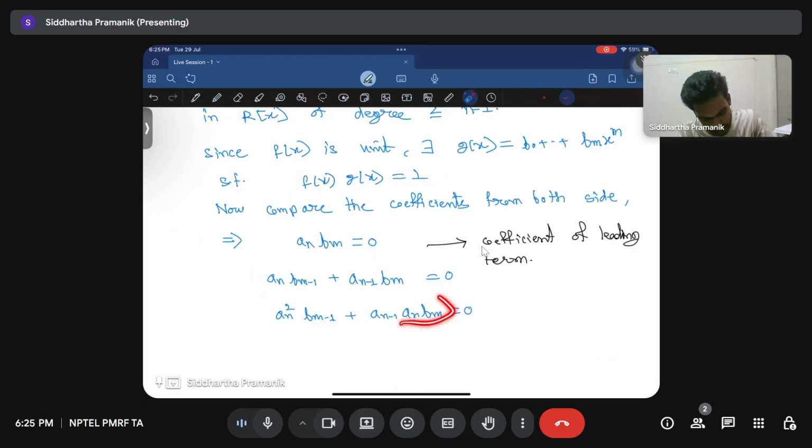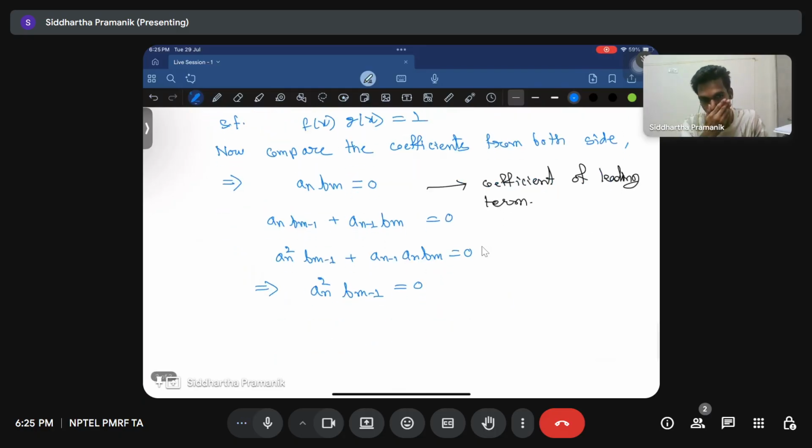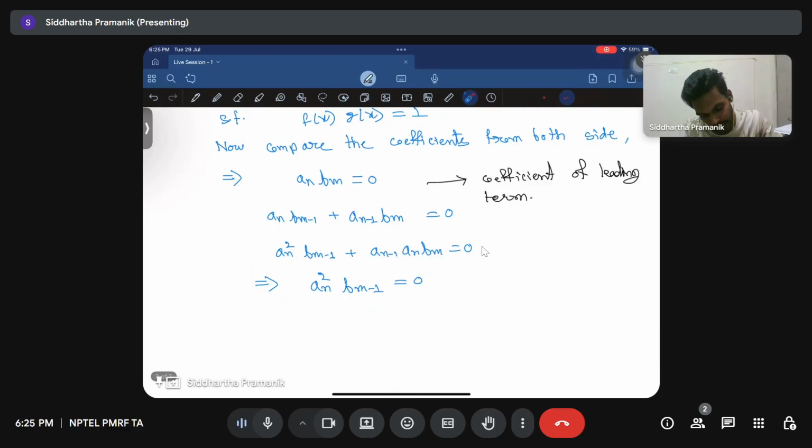But this term is 0, right? So this will give you an square bm minus 1 equals 0. This is the second last degree coefficient.